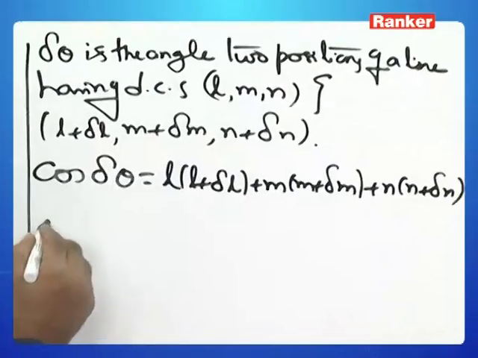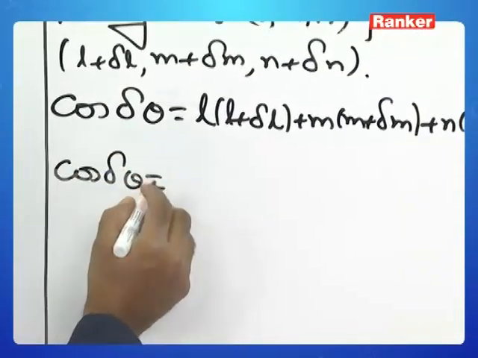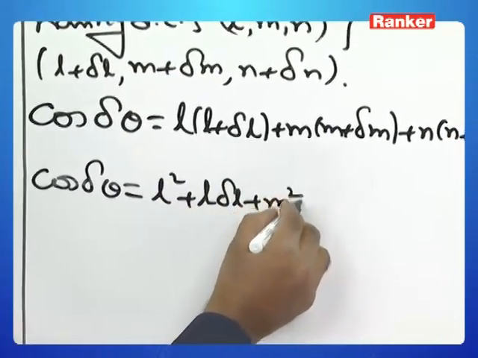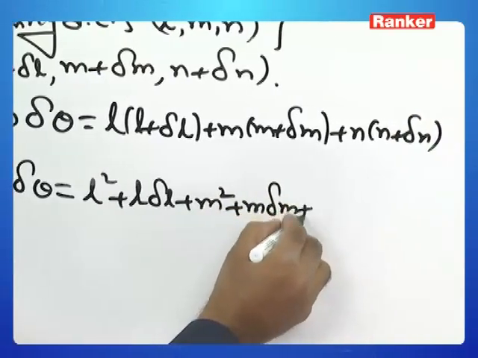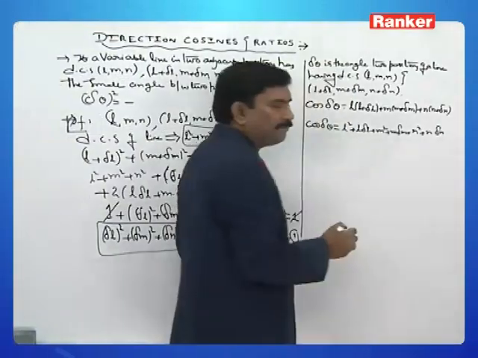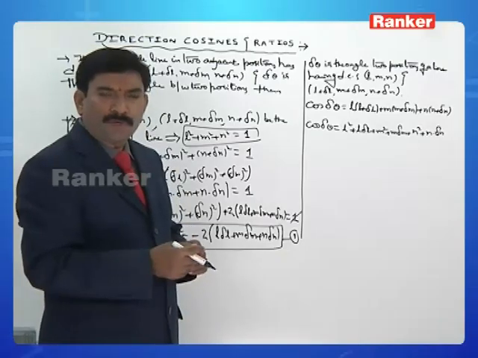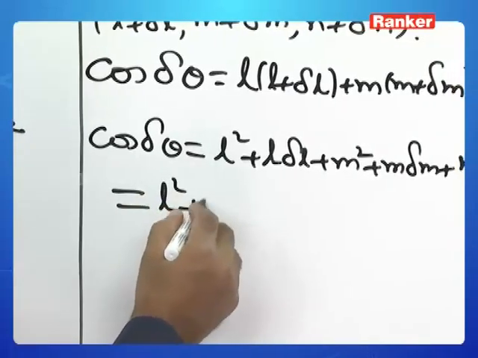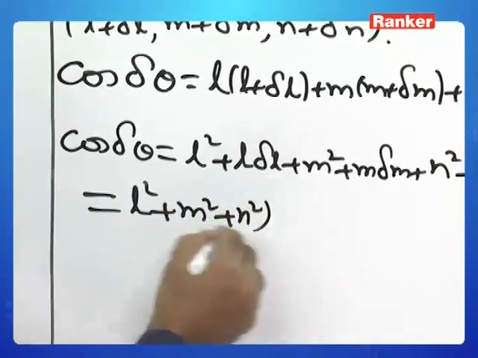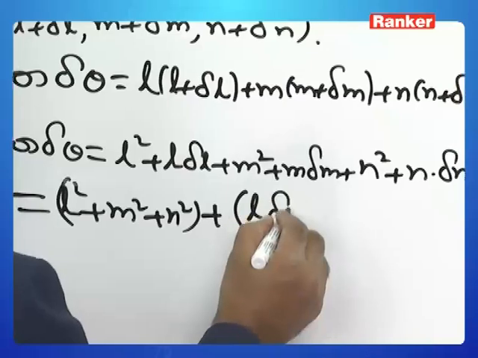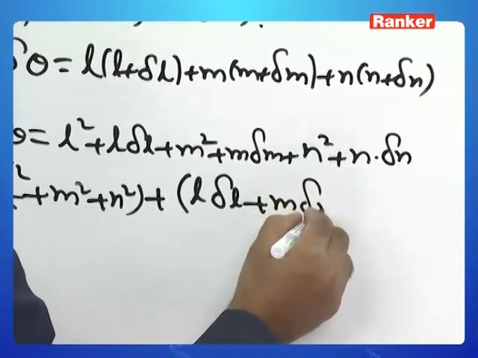Therefore, cos δθ is equal to l² + l δl, m² + m δm, n² + n δn, right? Okay, so therefore I can write this as l² + m² + n² plus l δl + m δm + n δn.